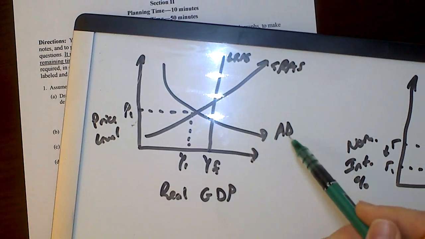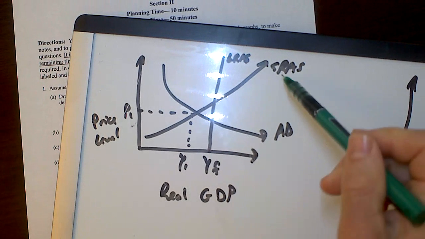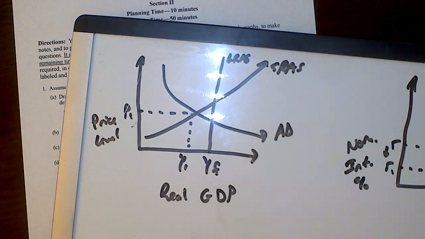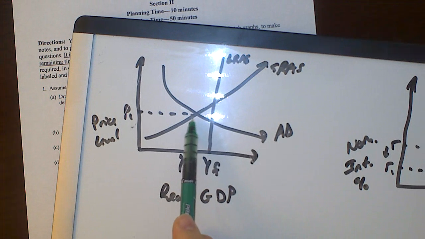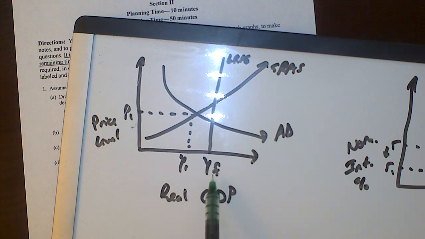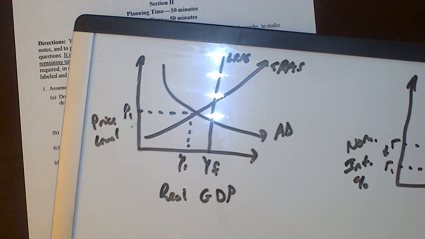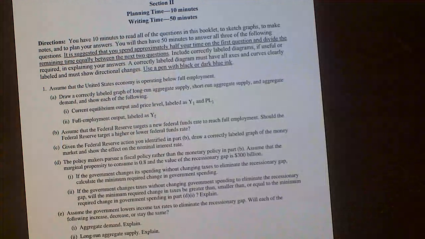We've got aggregate demand down to the right, short-run aggregate supply, long-run aggregate supply. We've got a short-run equilibrium to the left of full employment. That is an economy in recession. If we did that on the actual test, it would have been worth 2 points, I think. But this year, that's not going to happen. So we move on to Part B.